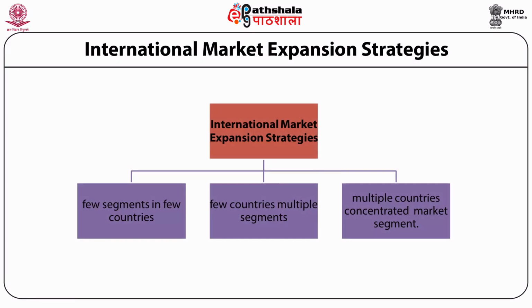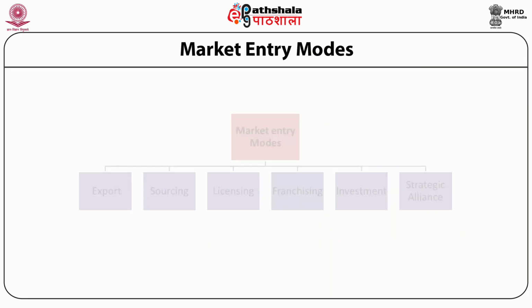International market expansion strategies. Some of the strategies that companies adopt to enter international markets are few segments in few countries, multiple segments, or multiple countries with a concentrated market segment.